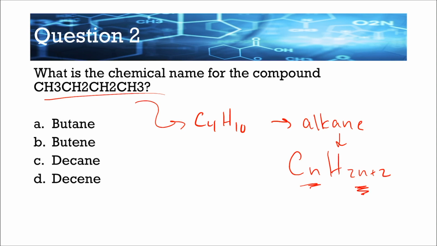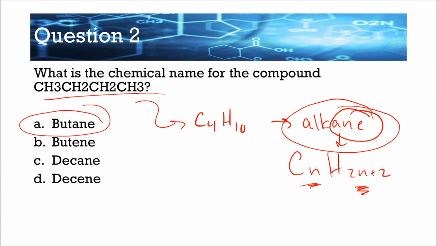You could also draw this if you wanted to, but that takes more time. This is the easiest way. So alkane, again, you want anything that ends in A-N-E, and that is answer choice A, butane. Again, we know it's not butene because we know we have single bonds. And we know it's not decane. This also ends in A-N-E, but dec means 10 carbons, where but means 4 carbons. So it's a mix between table P and table Q.